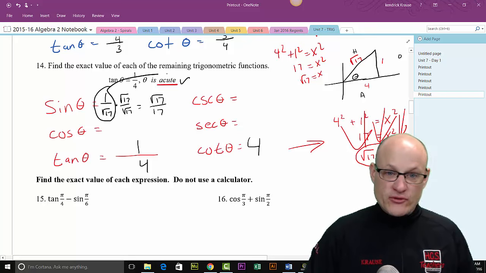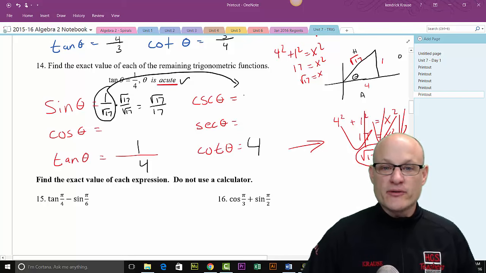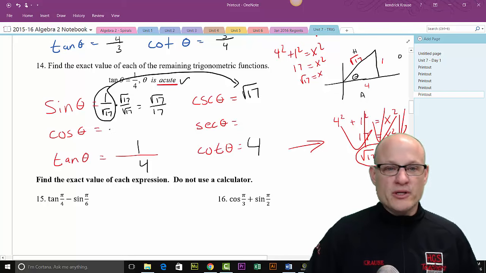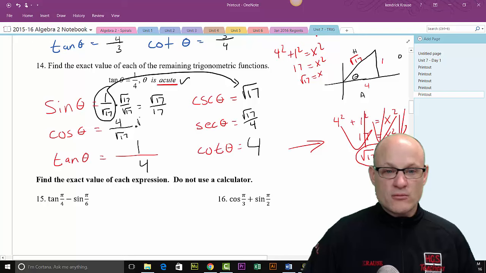We're going to take the reciprocal of that because it makes it easier, which would be the square root of 17 over 1, but I don't need to put over 1. So this one, cosine, would be adjacent over hypotenuse, which would be 4 over the square root of 17. Well, then that means secant has to be square root of 17 over 4. But I do have to rationalize this. Multiply by the square root of 17 over the square root of 17. And I get 4 square roots of 17 over 17.